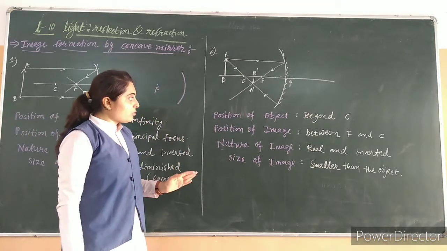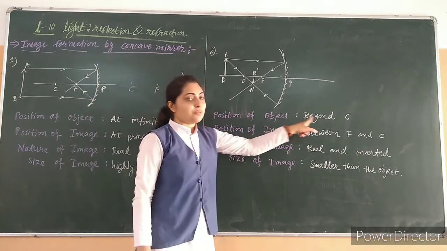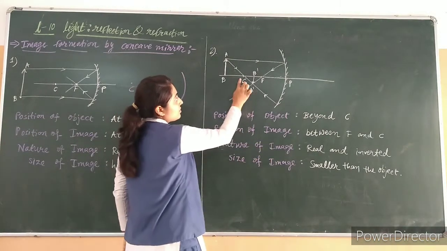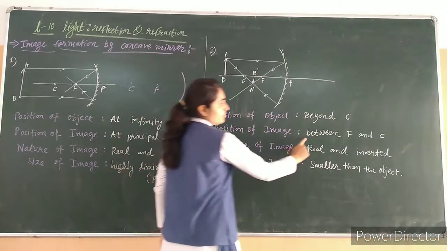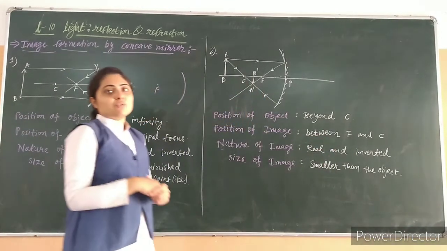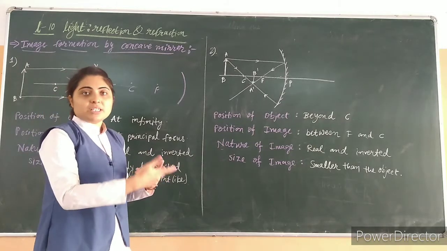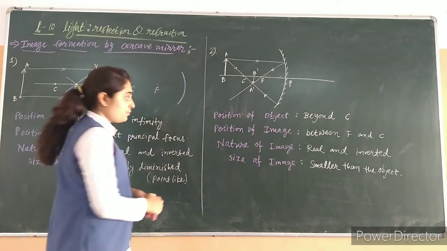So what can we write about the image? Position of the object is beyond C. Position of the image: where are you getting the image? Between C and F. You can also write between the center of curvature and the focal point.